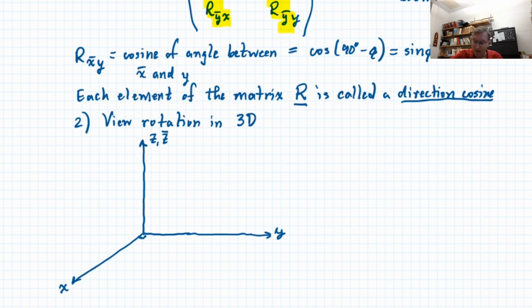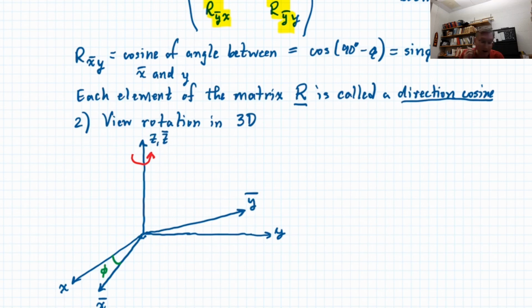But now I'm going to rotate counterclockwise about that z-axis by an amount phi. I'll get a new z-axis called z bar, which is exactly the same as the original z. But I'll also get a new x-axis that'll be rotated counterclockwise in the xy plane. So we'll call that x bar, and it will be rotated from x by an amount phi.